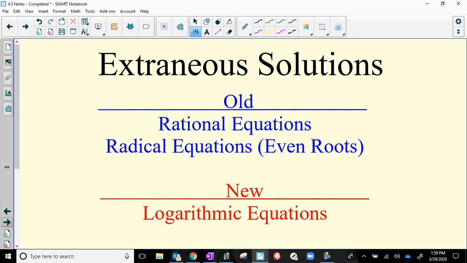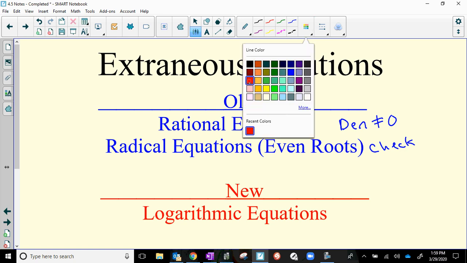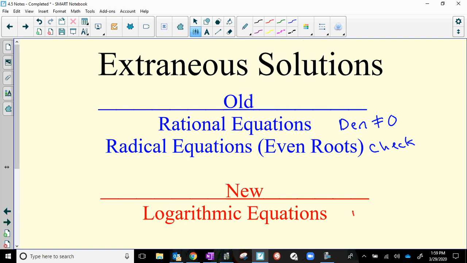The old stuff were rational equations, and on those problems you just had to make sure the denominator was not equal to 0. Then we had even roots, and we had to actually go and plug them back in and check to make sure we got a true statement. Well, with our logarithms, it's more like the rational equations where you can just look at the original problem, know what you're not going to accept at the beginning.